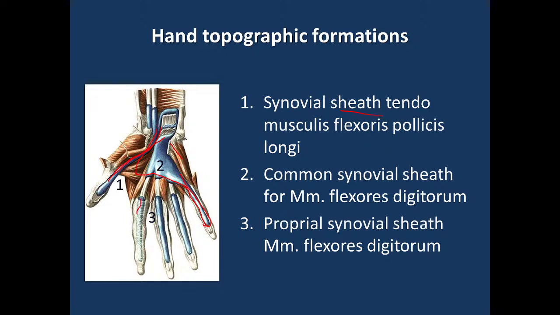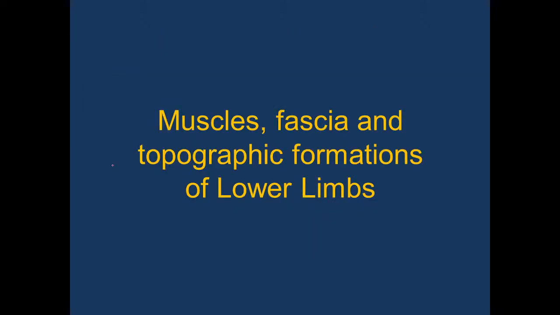But personal synovial sheaths, we call them proper synovial sheaths, for musculus flexor digitorum on the second, third, and fourth fingers of the hand. And the same synovial sheaths we have on the dorsal surface of the hand, and they are located under the retinaculum extensorum.